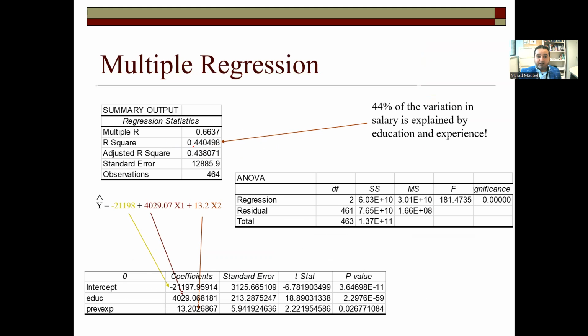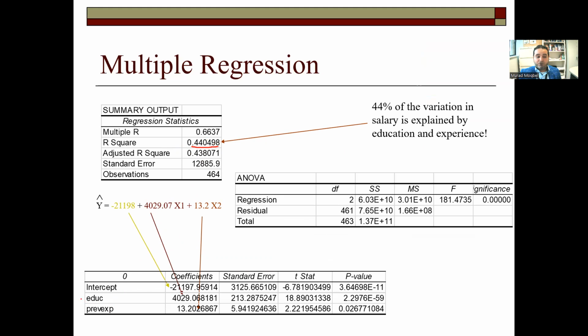But now, when we run the Excel analysis, this is the output we will receive. All we need to look at is the R squared, which tells us the percentage that education and experience explain in terms of salary. Or you can say education and previous experience predict 44% of salary. So the other percentage will be predicted by other variables.